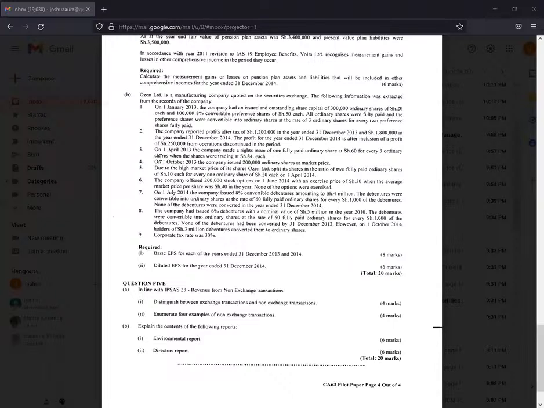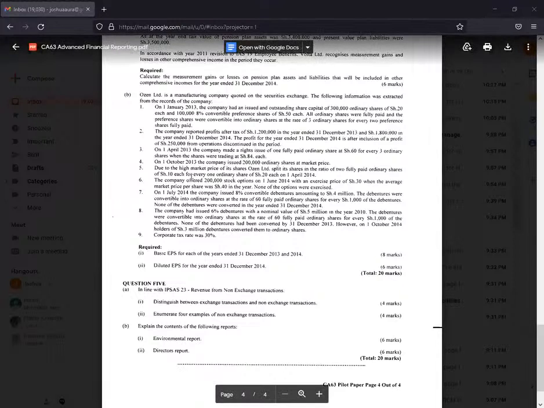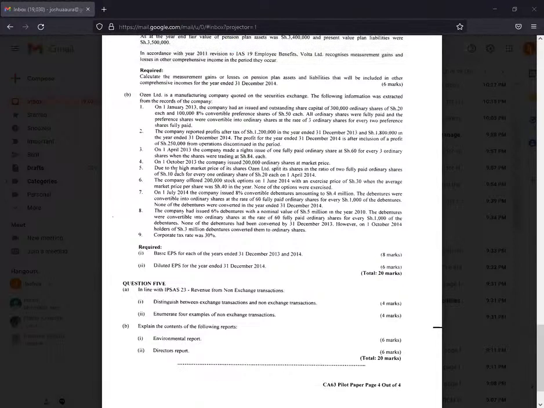Not number 3. On 1st April 2013, the company made a rights issue of 1 fully paid. So we have here a rights issue of 1 new for every how many? For every 3 old. So this 1 new was going for how much? We are told from note number 3, the 1 new is supposed to go for 60.